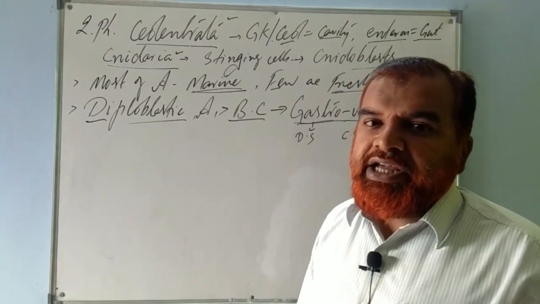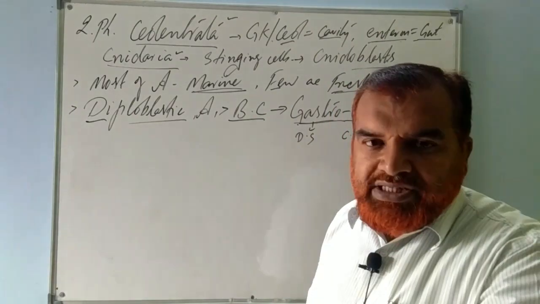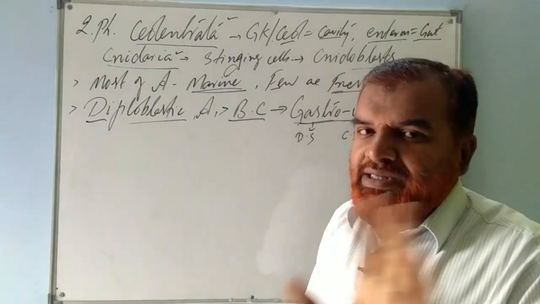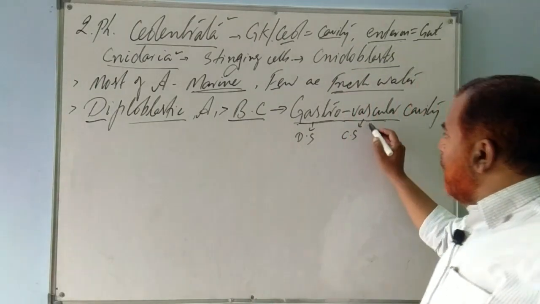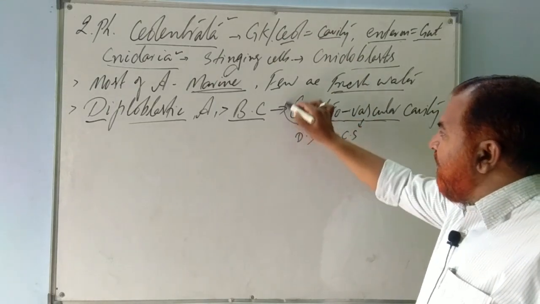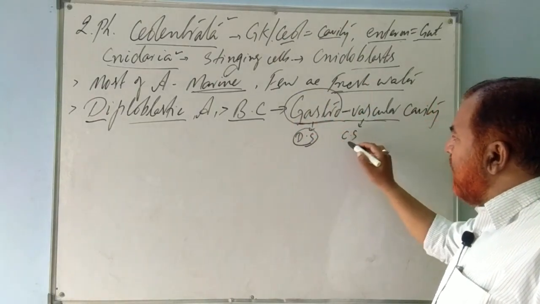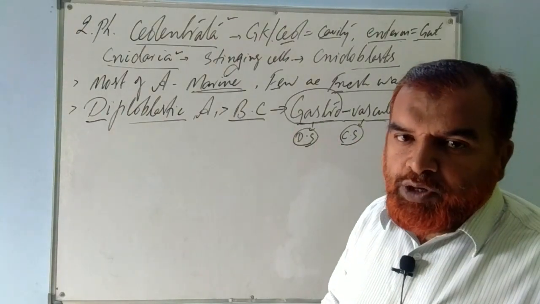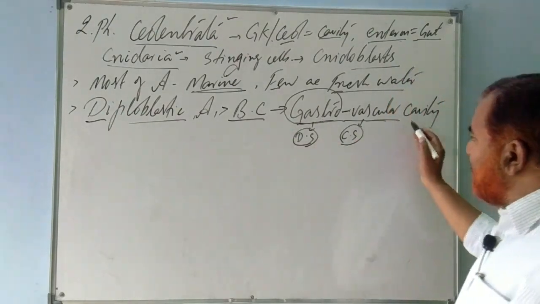We come across the water vascular system in echinoderms like starfish. In the previous phylum, I told you about the water canal system in Porifera. Don't get confused. So what do you mean by gastrovascular? This cavity performs the function of the digestive system as well as the circulatory system to circulate water throughout the body.